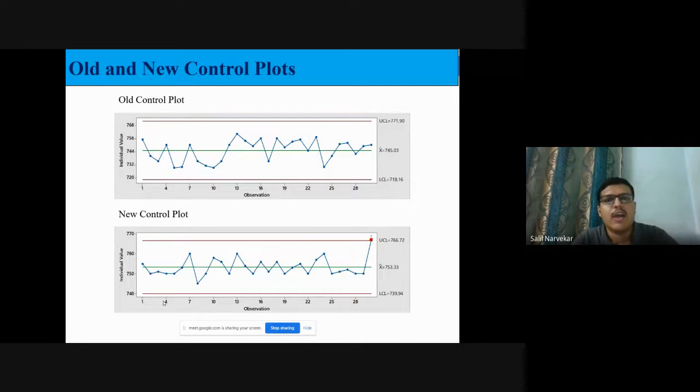And talking about the old and new control plots, the old control plot would have looked something like this. The mean of the production is 745 tons per day, while in the new case we can observe that the mean itself has shifted up to 753, which is what you wanted.